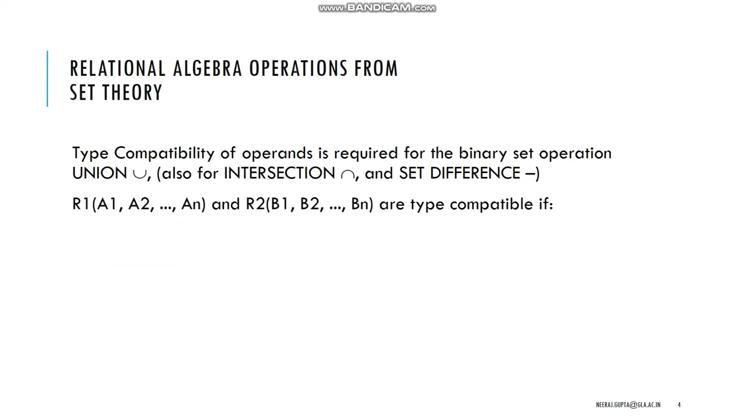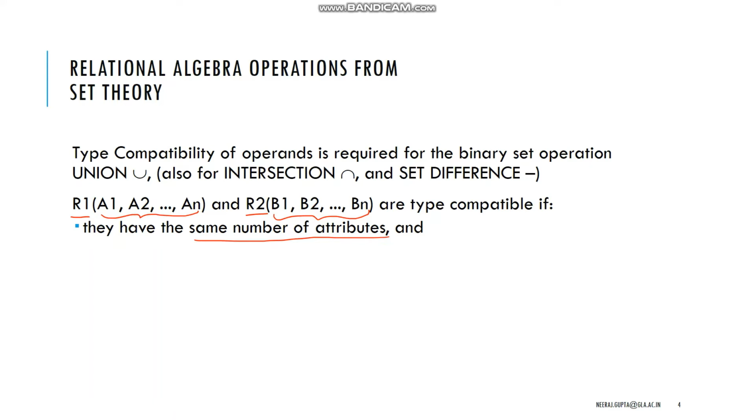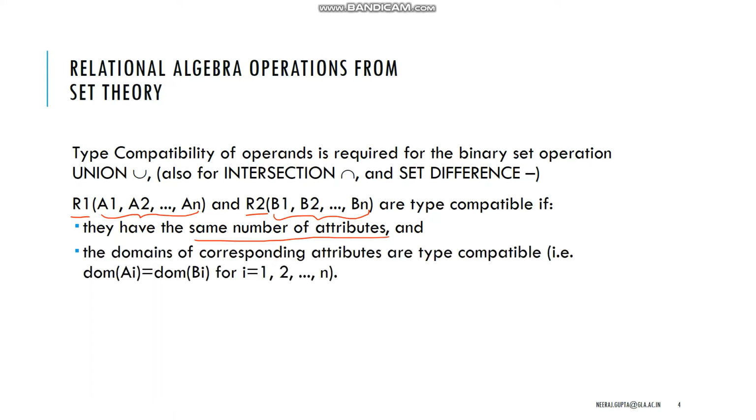Type compatibility means that a given relation R1 with attributes A1 to An and R2 with attributes B1 to Bn are type compatible if they have the same number of attributes in both relations and the domains of corresponding attributes are also the same. That means the domain of A1 should be equal to the domain of B1. So that is the rule of type compatibility.